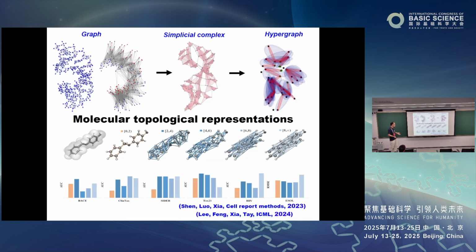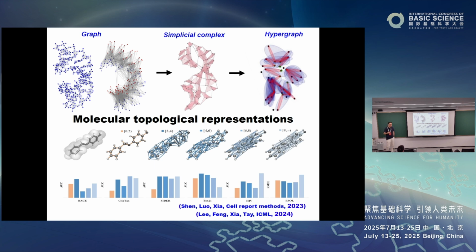So all these things are about features, but as I mentioned, another key important thing is the representation. Right? When you get the data, how do you translate it into the right mathematical models? Previously, as mentioned, people usually use this covalent bond-based graph representation to represent molecular structures.